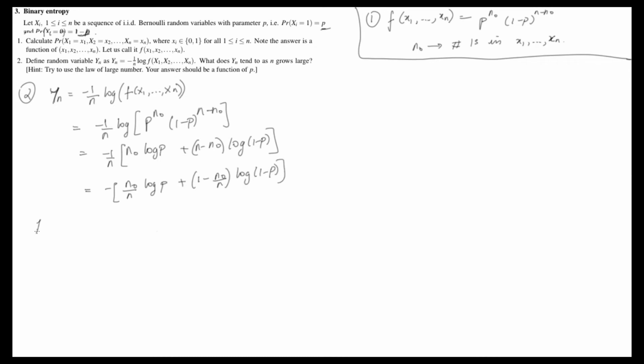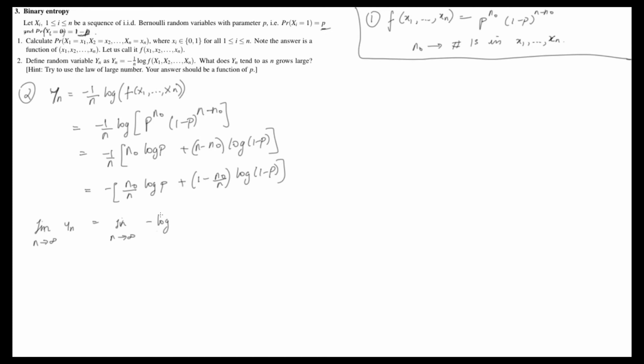Now what happens as n becomes really large, n tends to infinity? Let's not put the negative first, let's put the limit first. Limit n tends to infinity.